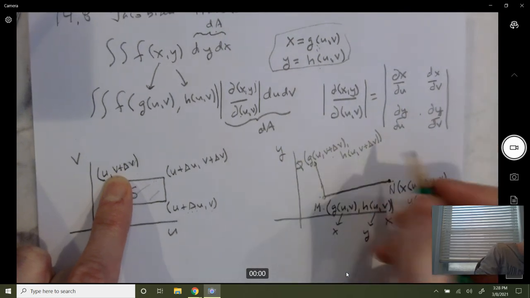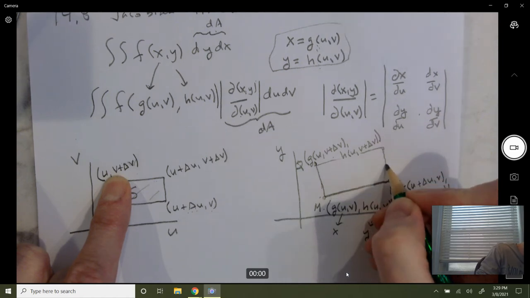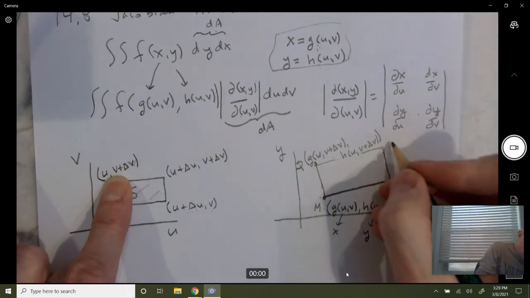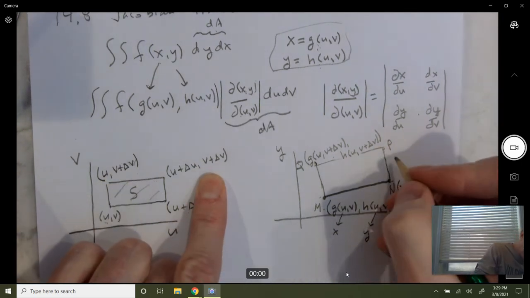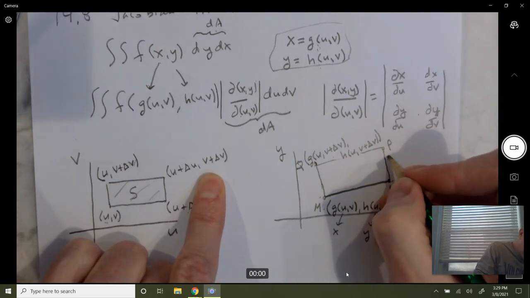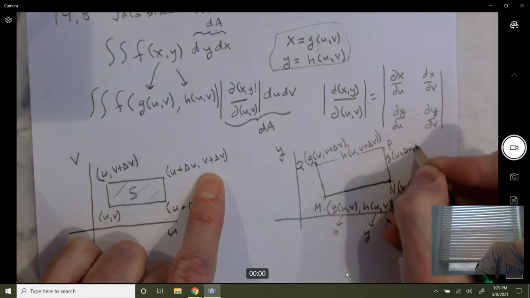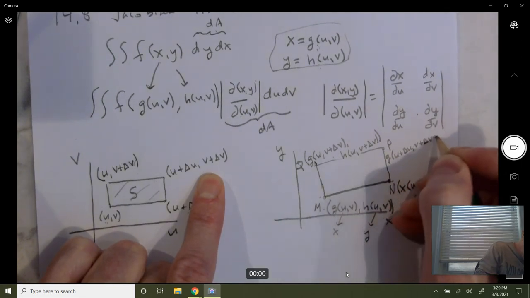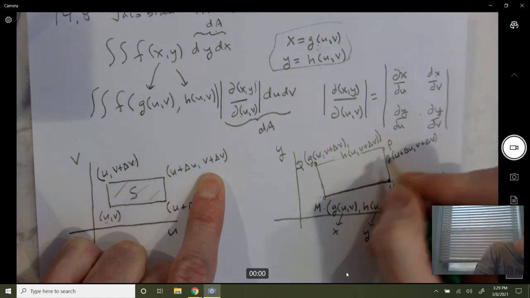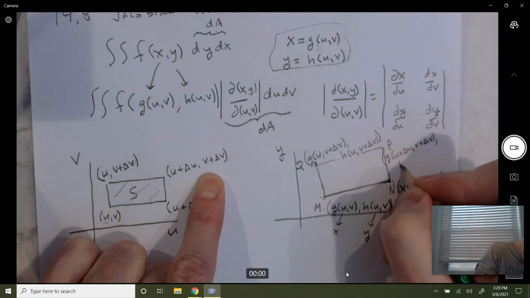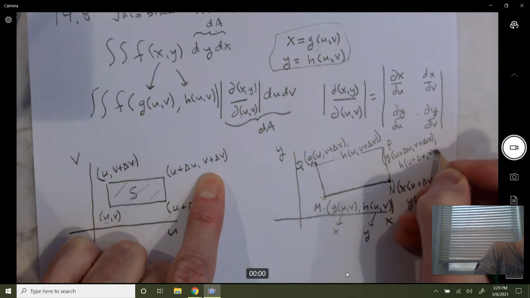That's your point Q. And then this point over here is going to be your point P, which is plugging in this point. So that's going to be g of u plus delta u, comma, v plus delta v, comma, h of u plus delta u, comma, v plus delta v.